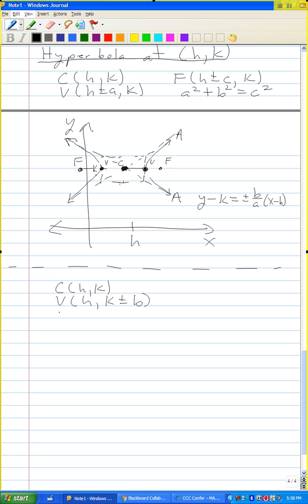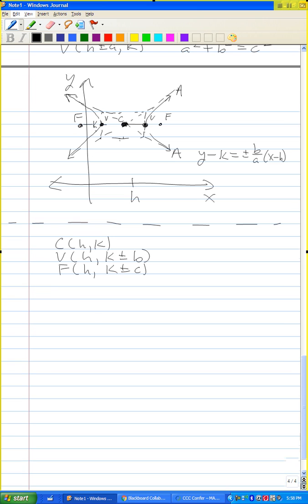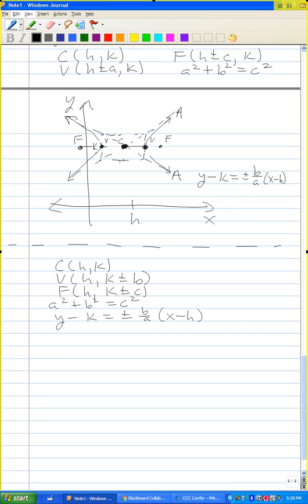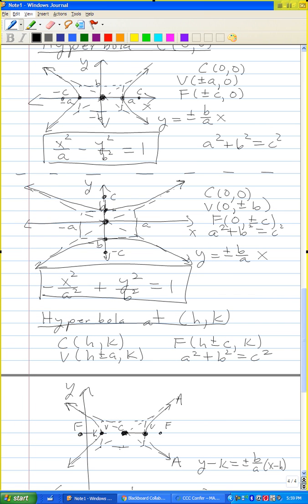The foci are at (h, k plus or minus c). a squared plus b squared equals c squared. It looks like a Pythagorean theorem. The equation for your asymptotes is y minus k equals plus or minus b over a times x minus h. And so it will look like this other one.